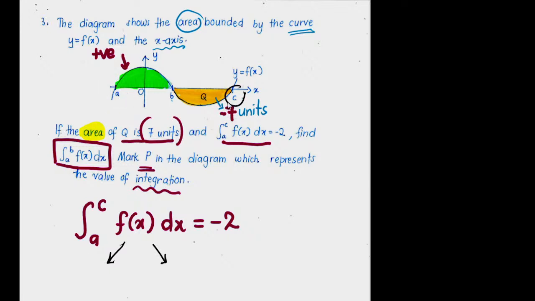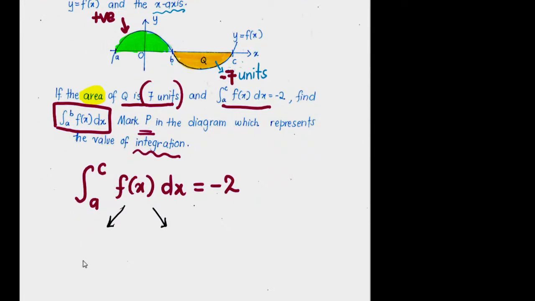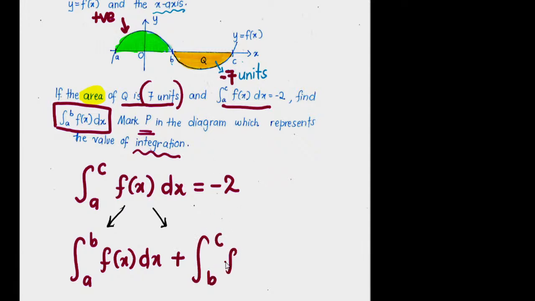We have to break it. So it's the integral from A to B of f(x) dx plus the integral from B to C of f(x) dx. When you add both of them, you must get negative 2.